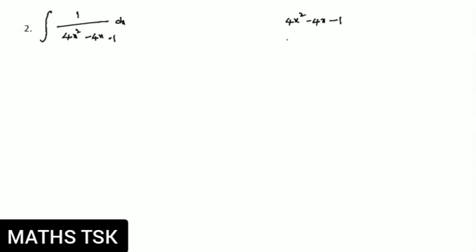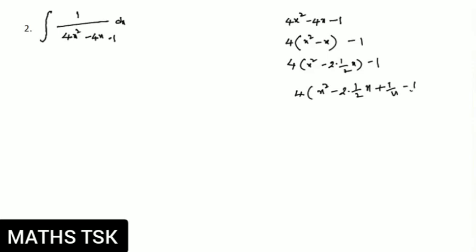I write it like this. I take 4 common, x square minus x and then minus 1. 4 into x square, I multiply and divide with 2, x minus 1. This can be written as 4 into x square minus 2 into 1 by 2 into x plus 1 by 4, minus 1 by 4, minus 1.